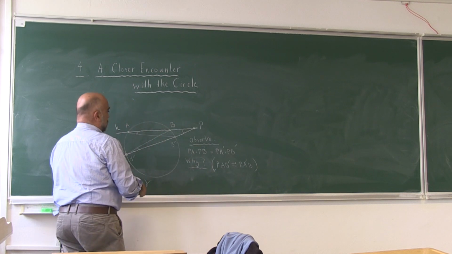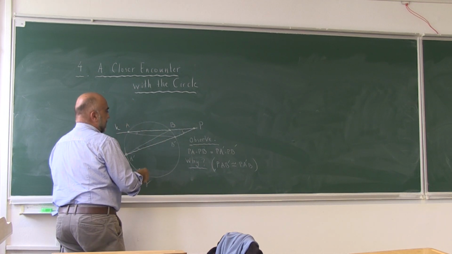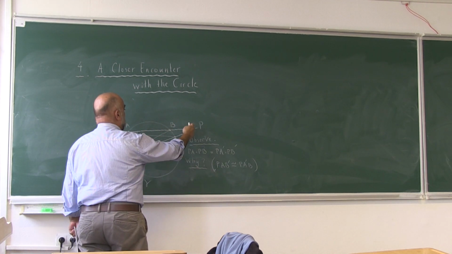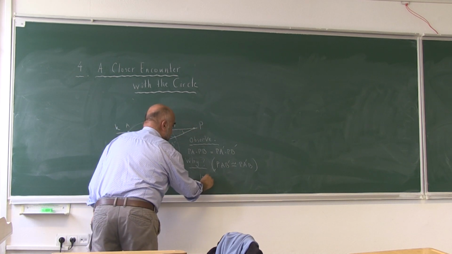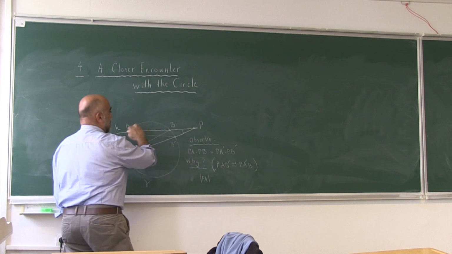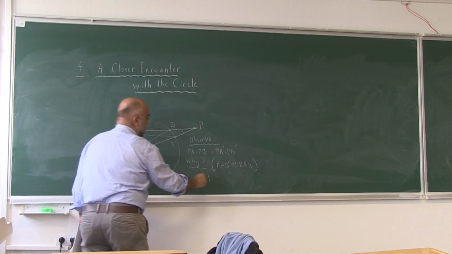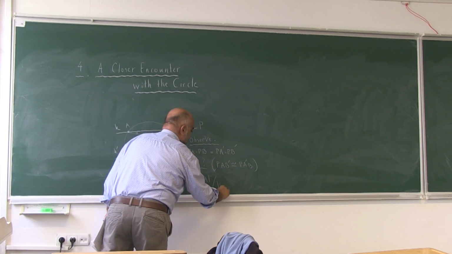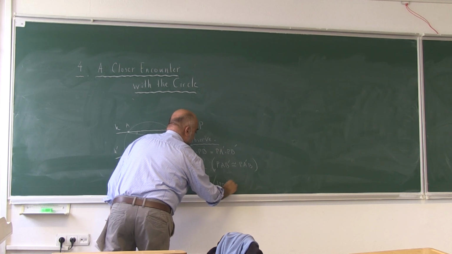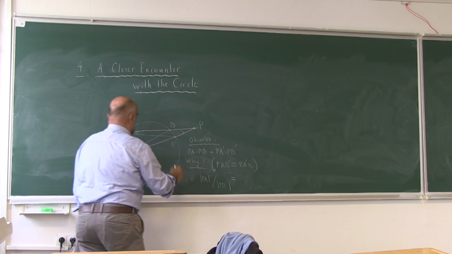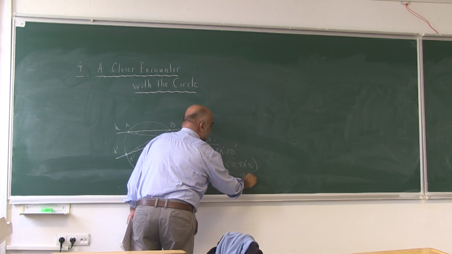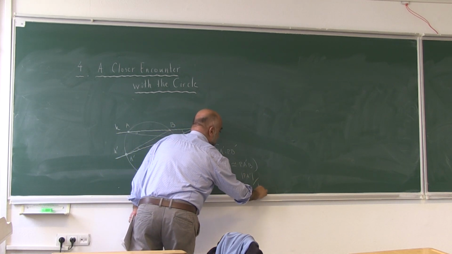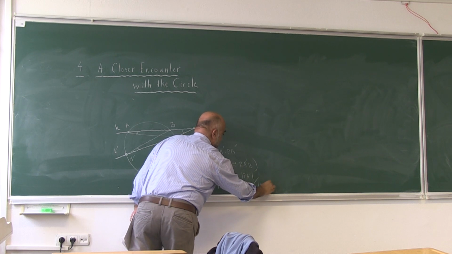Well, this similarity, of course, entails the fact that the ratio of the length PA to PB prime is equal to the ratio of PA prime to PB.